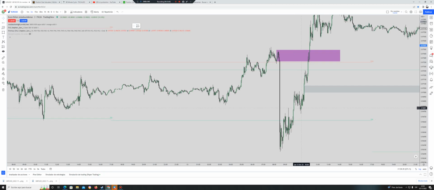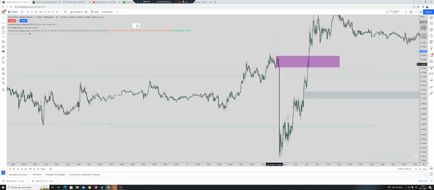Let's say 10:30, because as we know we wait 30 minutes to collect information and to see what price is going to do. What the price does is take all those stops here, because this is a trap. Okay, this here is a trap, and here we go, the 10:30.